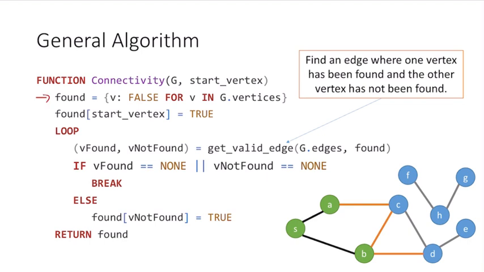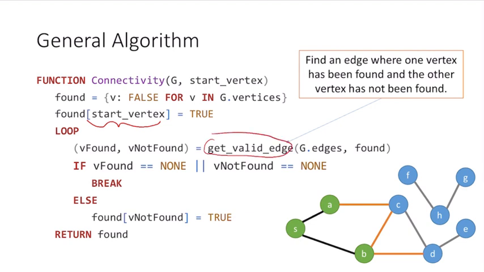Well, let's mark things as not found. So this is my dictionary notation, or my map notation, of setting every vertex equal to false inside of a variable called found. So we're going to say they're each not found to begin with. So that's for every vertex in my graph's vertices. We'll start by marking the start vertex as having been found, and then we'll grab out edges.